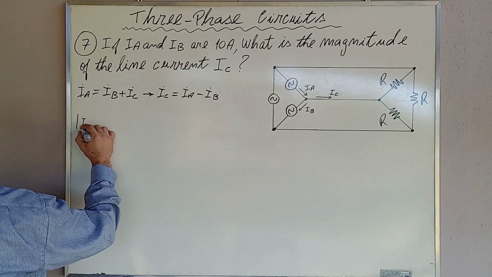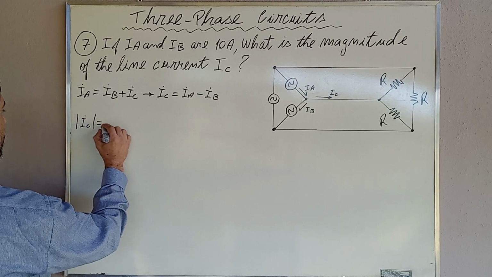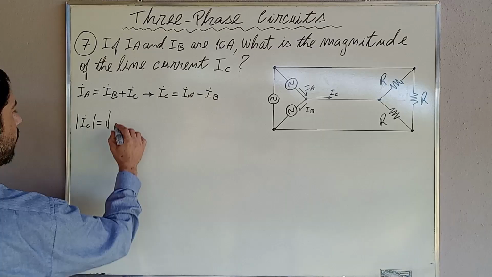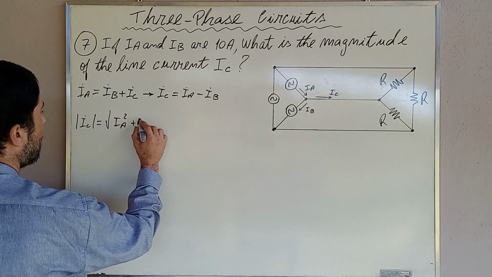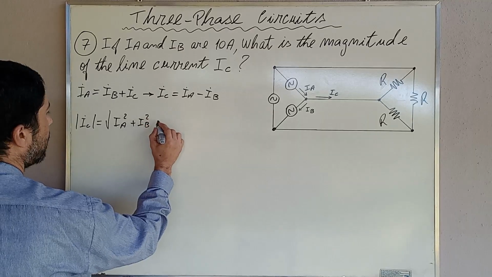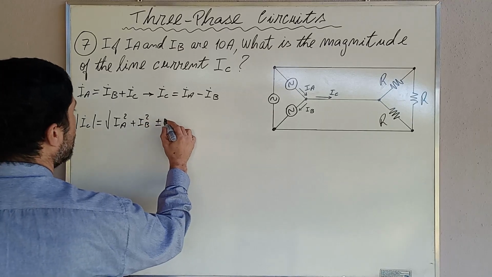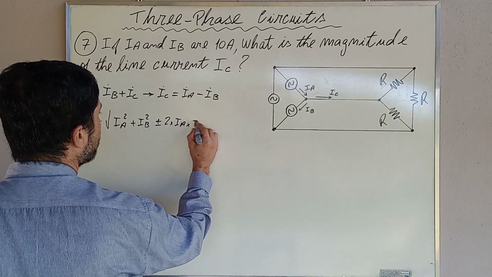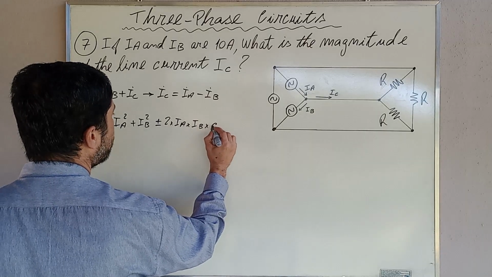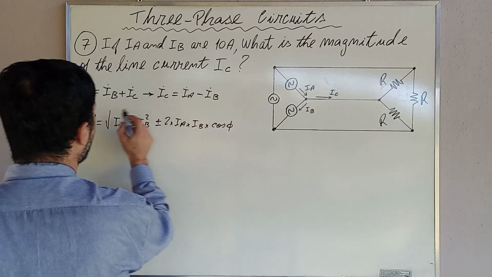The magnitude of IC is equal to the square root of IA squared plus IB squared plus or minus 2 times IA times IB times the cosine of the angle.